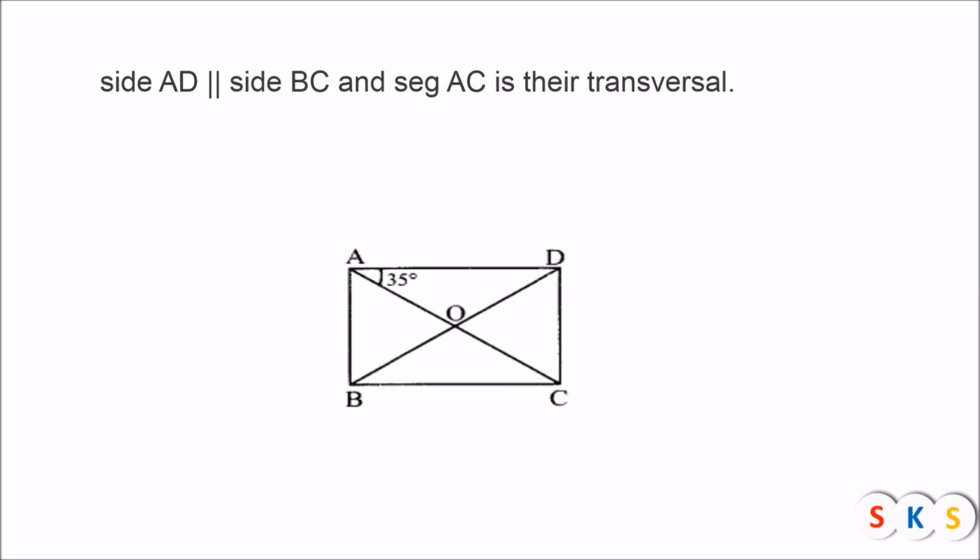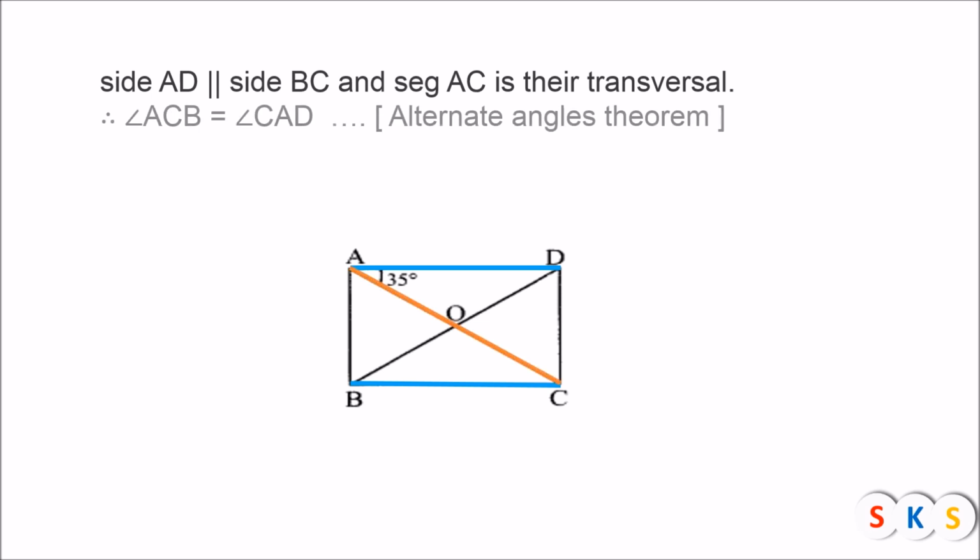So here you can see in this figure, side AD and side BC are parallel to each other. Why are these two parallel? Because we know opposite sides of rectangles are parallel and AC is a transversal. Therefore, angle ACB is congruent to angle CAD.